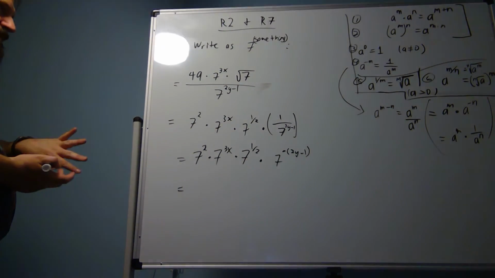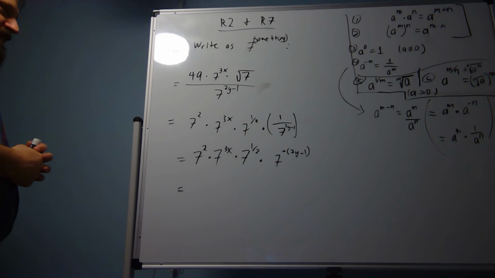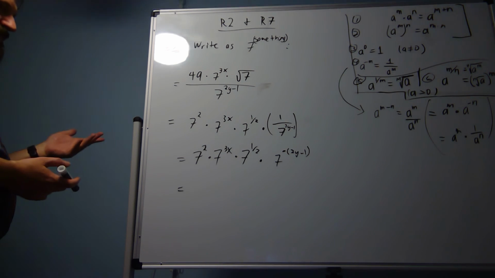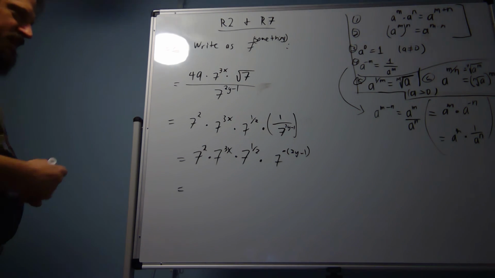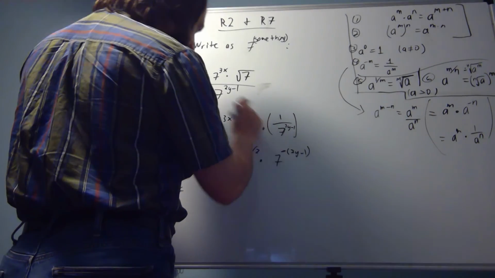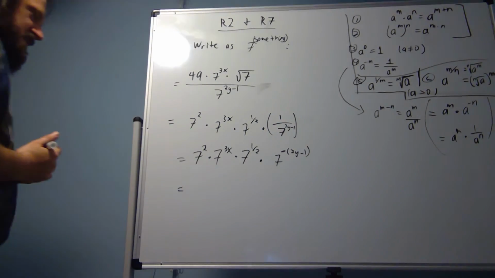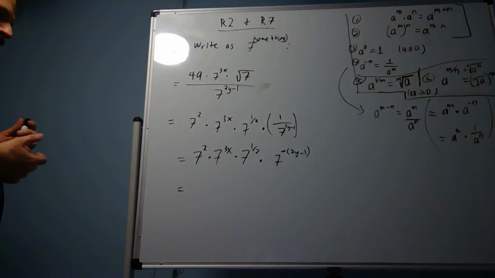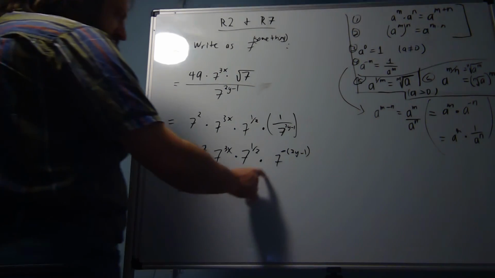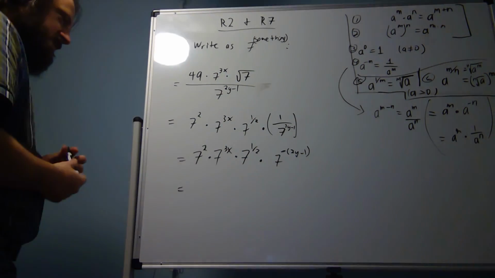So anything that's in the denominator, you write that as 7 to some power, but then you flip it to the numerator by taking the negative of that exponent. So dividing by 7 to the 2y minus 1 is the same as multiplying by 7 to the negative of 2y minus 1.